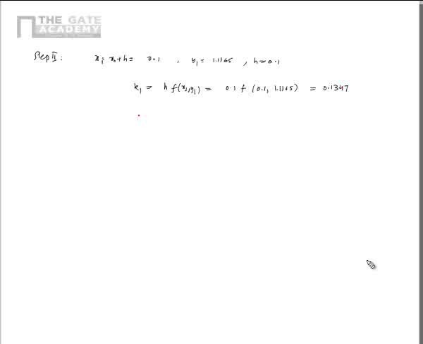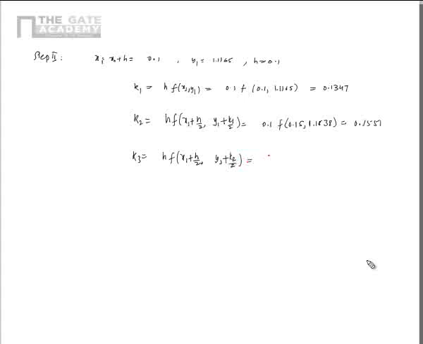Similarly, k2 will be h f of x1 plus h by 2, y1 plus k1 by 2, so that comes out to be 0.1 f of 0.15, 1.1838, and this comes out to be 0.1551. And k3 is h f of x1 plus h by 2, y1 plus k2 by 2.